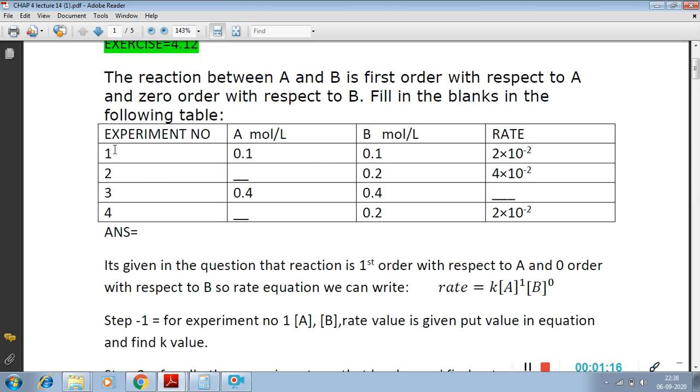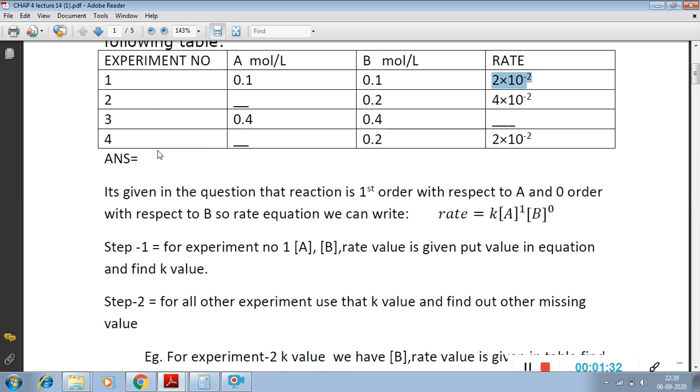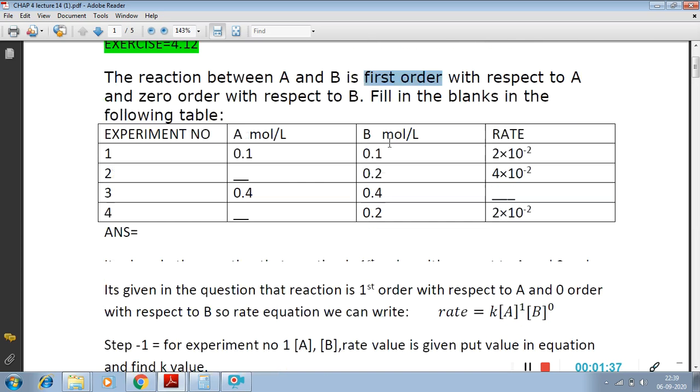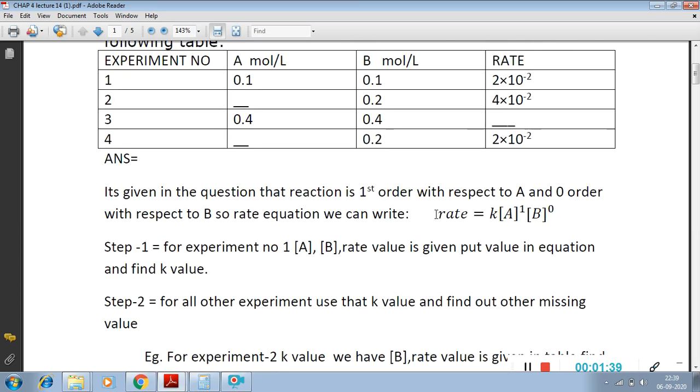Now in the first experiment the initial concentration of compound A is 0.1, compound B also 0.1, and for experiment number 1 the rate of reaction is 2 into 10 raised to minus 2. Now from the data given for first order and zero order we can make the formula for rate of reaction.